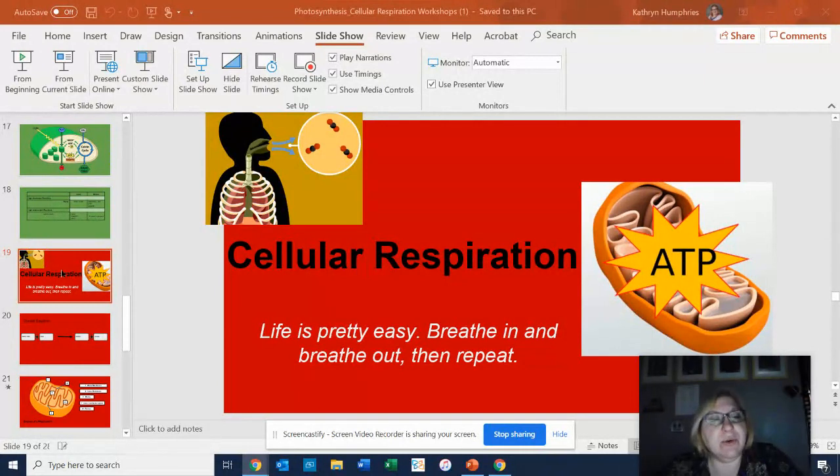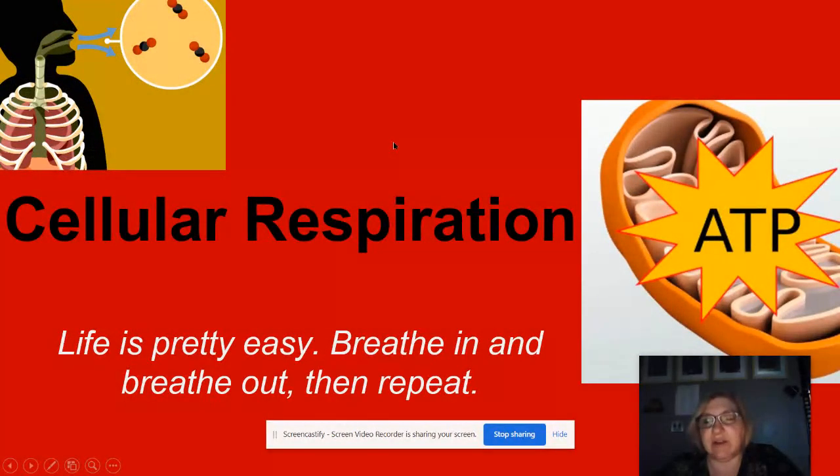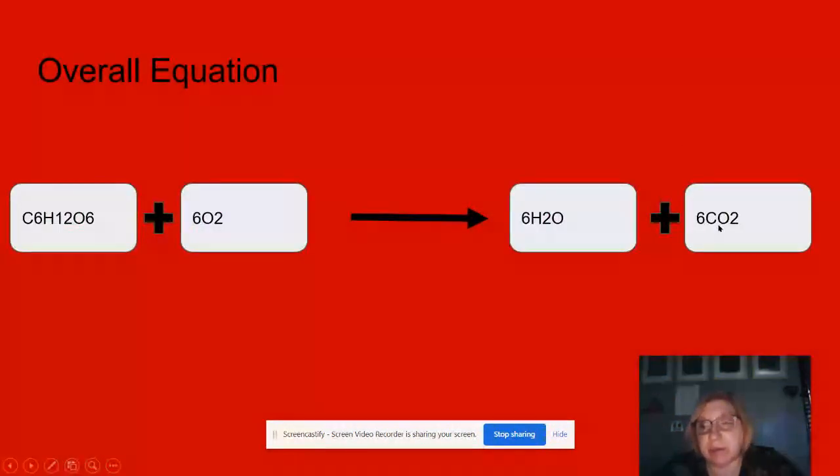Then we are going to begin our discussion of cellular respiration, and you're going to continue to fill that in on your fill-in notes. So here we go. We talked about photosynthesis, where oxygen is created and sugar is created. And in cellular respiration, which happens in both plants and animals in the mitochondria, we use that energy in the form of ATP, and we give off water and carbon dioxide.